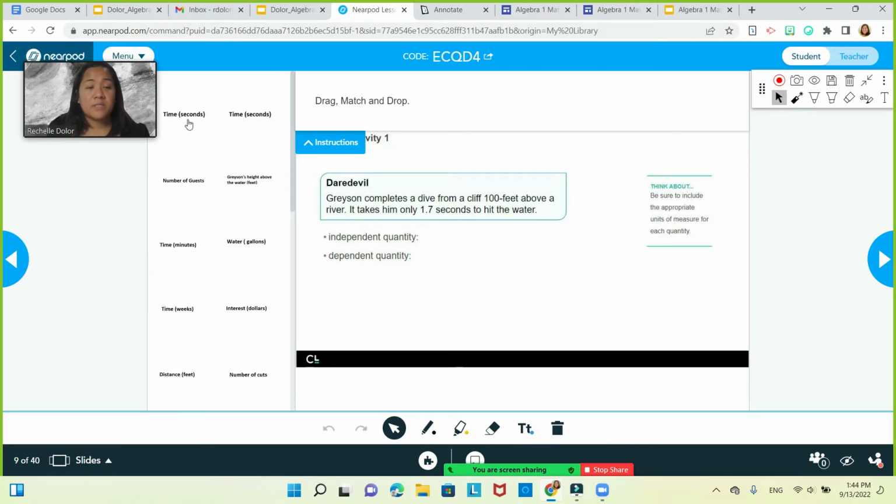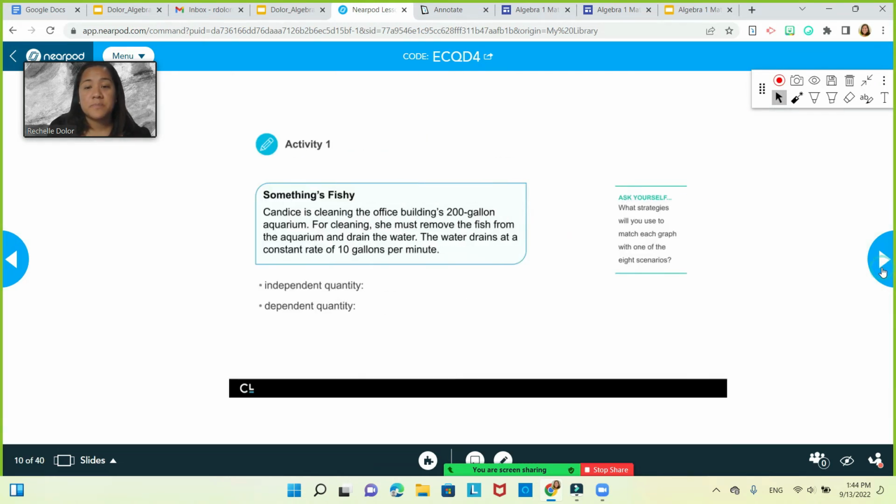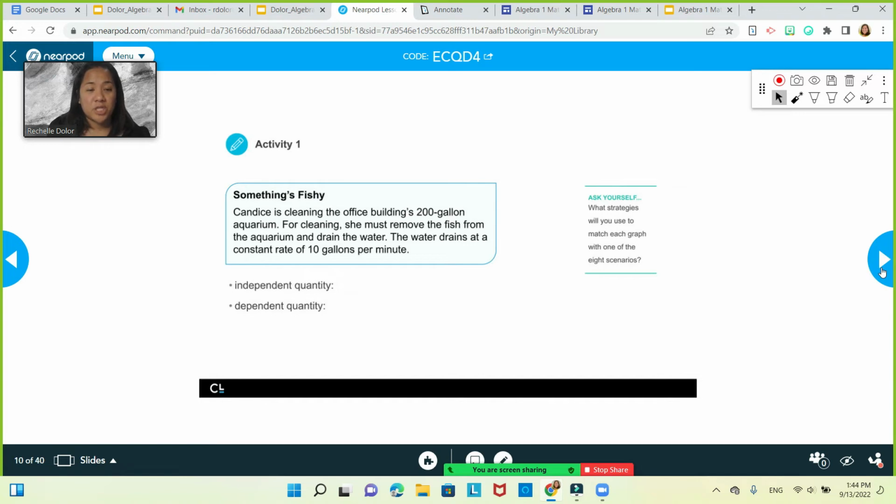Okay, correct. The answer here is time, the seconds. And for dependent is Grayson's height above the water, or feet. So that's the independent and dependent quantity. All right, next. Okay, something's fishy.